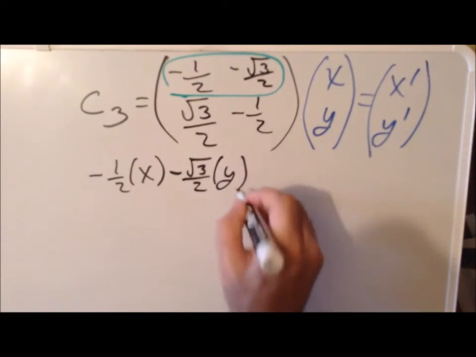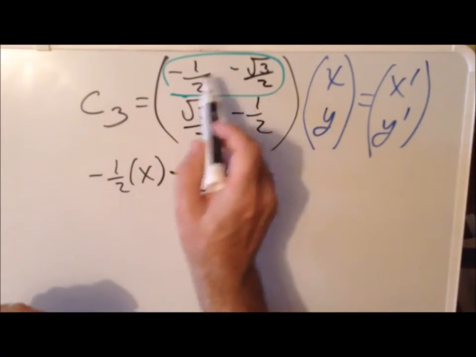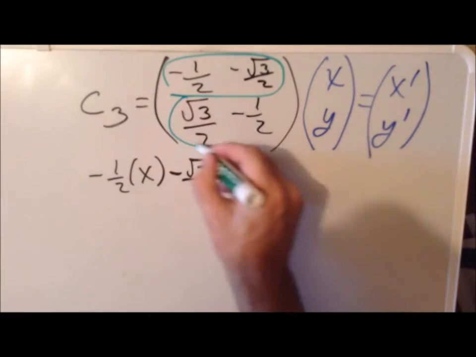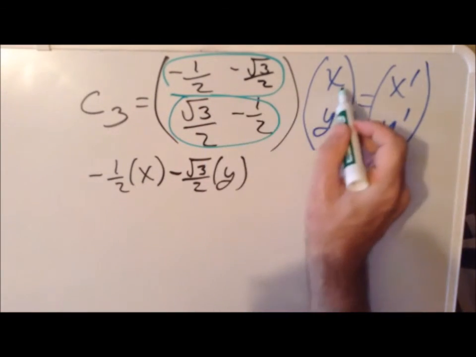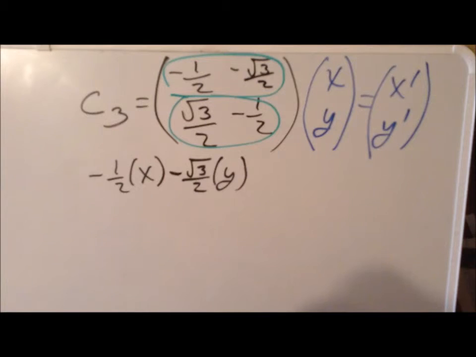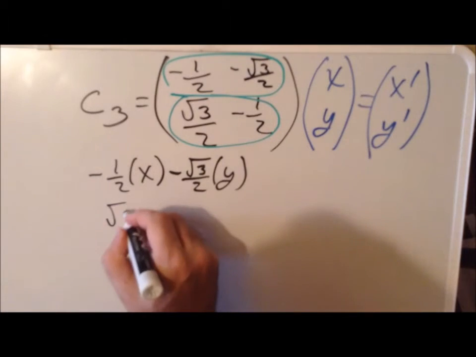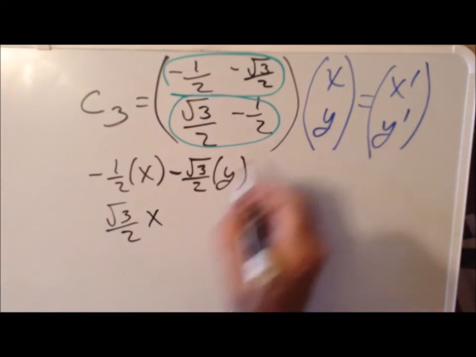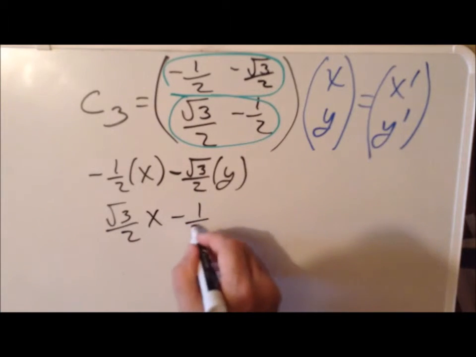So now for the next part, we look at the second row of the matrix, and the second row will multiply by the first column. And we're left with an expression that looks like the square root of 3 over 2 times x minus 1/2 of y. Okay, and this is the new point that we get.